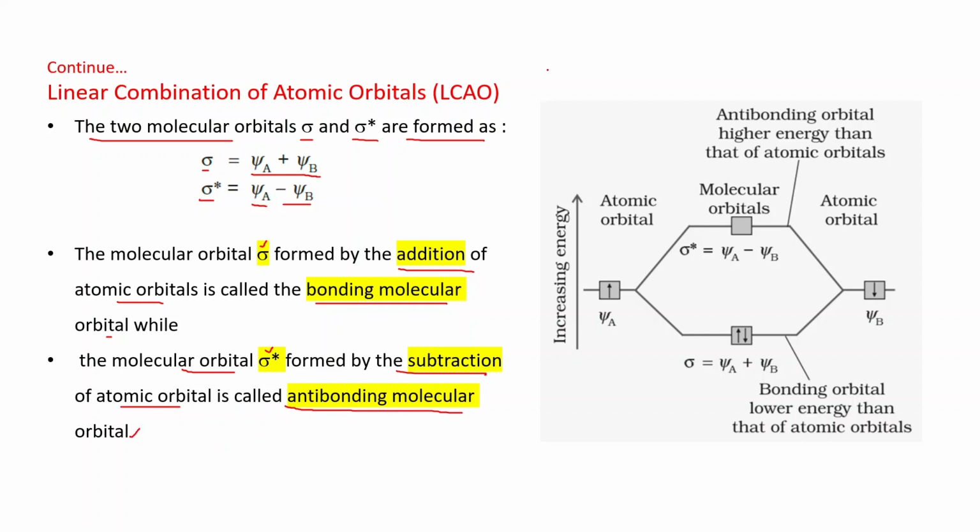We already discussed that when two atomic orbitals combine, two molecular orbitals are formed, one bonding and the other antibonding.